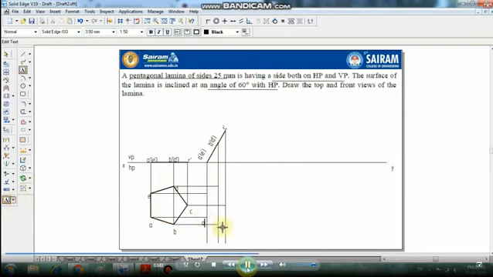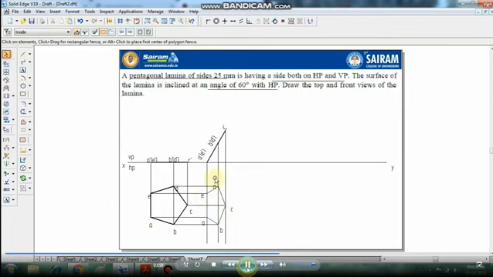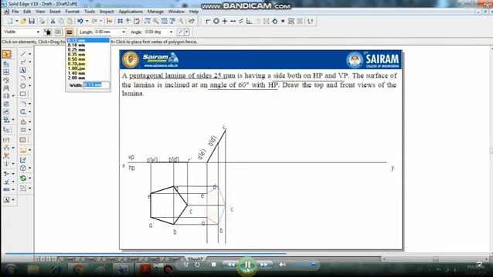Mention the points where the intersection happens. Now with the help of the line command, join EA, AB, BC, CD, DE and all. Select this, make a group and 0.5 mm thickness.